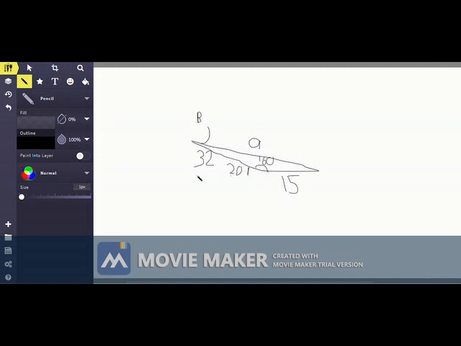We have a side length here, a side length here, and the included angle. We know from our practice examples that we can use the law of cosines to find this side, and then since we'll have an angle and its opposite side, we can use the law of sines to find this angle using its opposite side of 15.